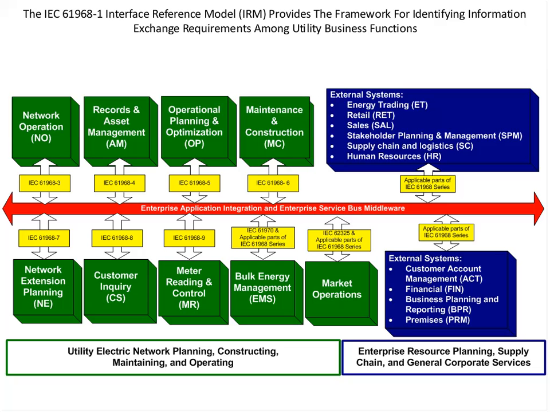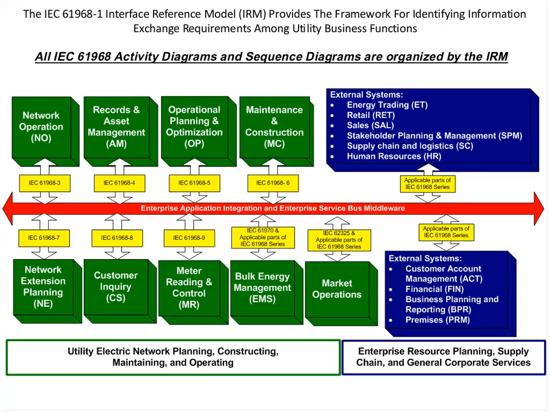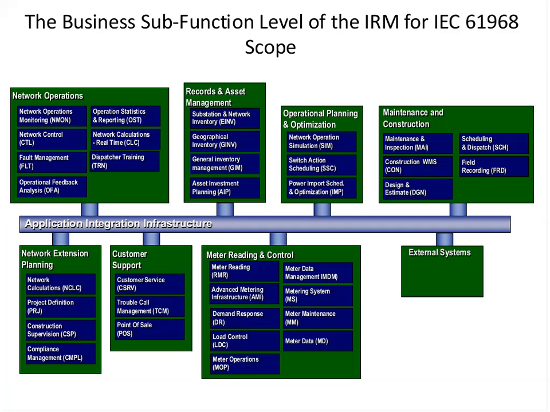You see how there's -8, -7, -9. So those represent these various applications or services. And then the business subfunction for 61968, here's a diagram of that. And all of this, they go into great detail, as I said, in the SIM University tutorial.